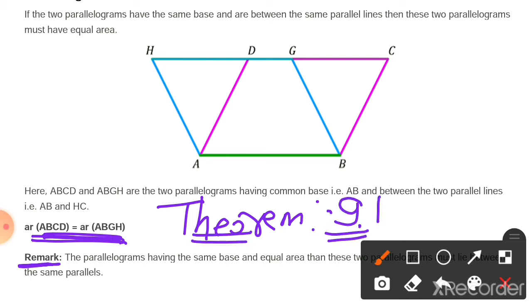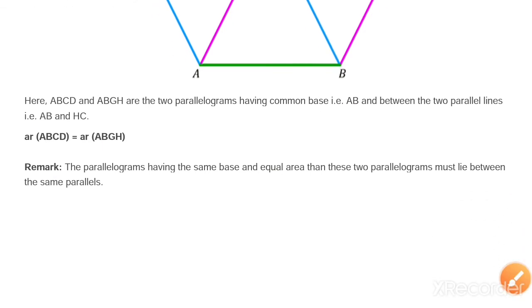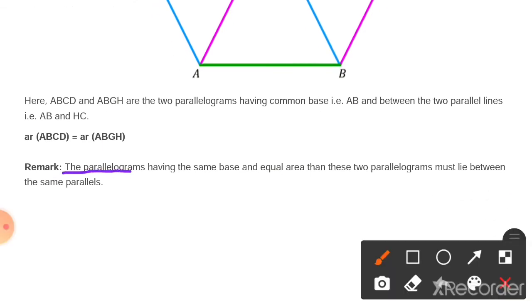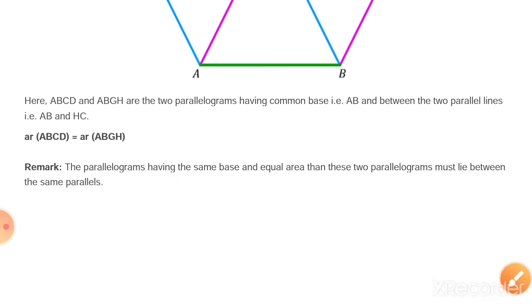What does theorem 9.1 say? Parallelograms on the same base and between the same parallels are equal in area. Correct? It is your theorem number 9.1. Correct, students? I hope you understand the theorem.